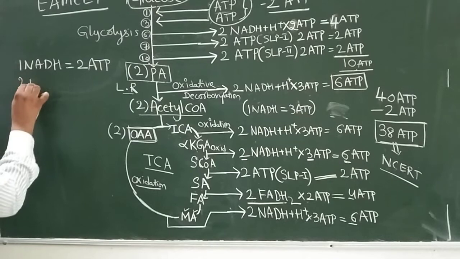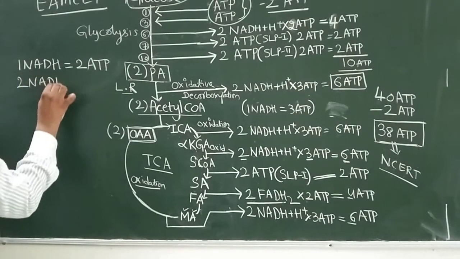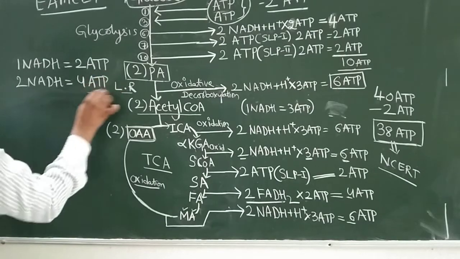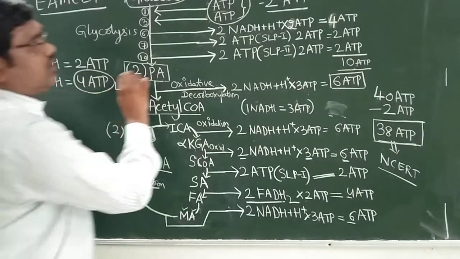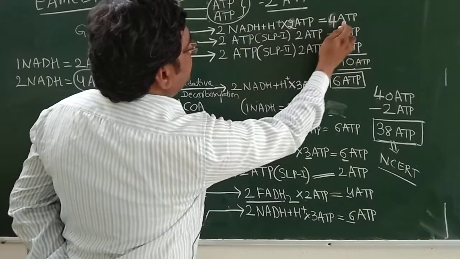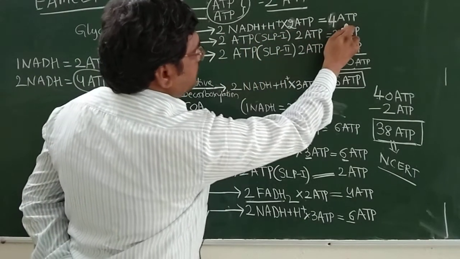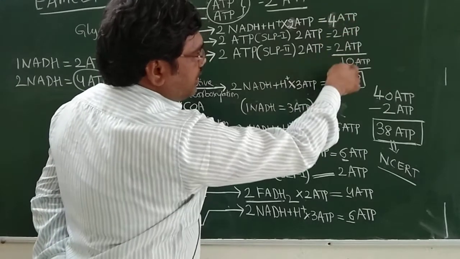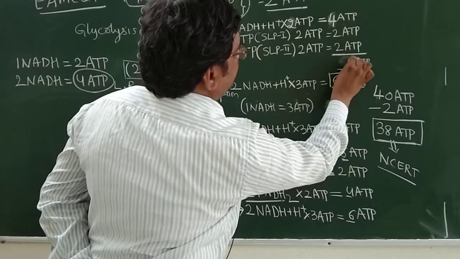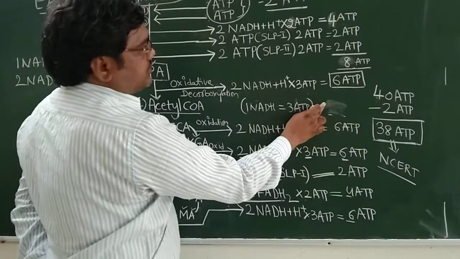Then 2 NADH is equal to 4 ATPs. Here you have to mention 2 into 2, that is 4 ATPs. So in the remaining concept, here 8 ATPs are produced.